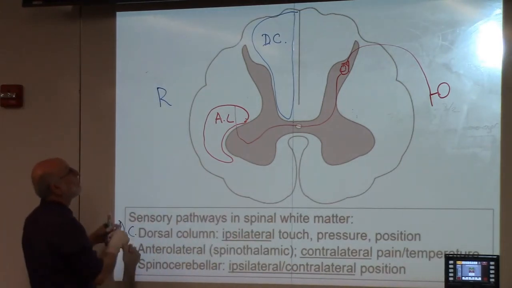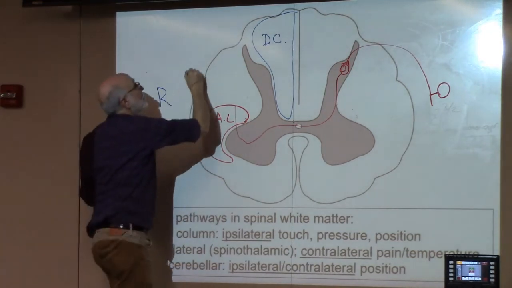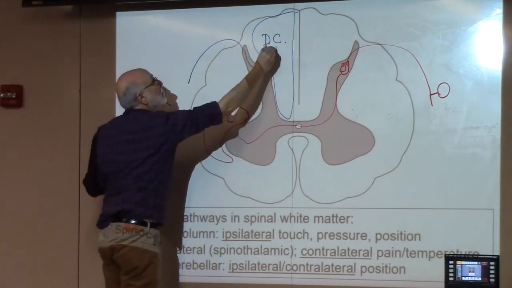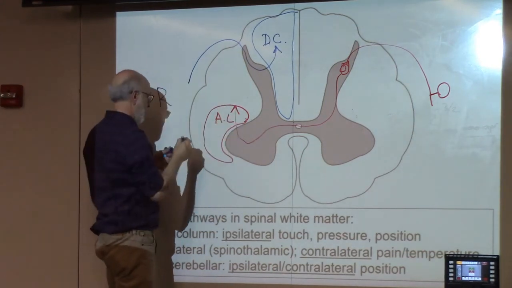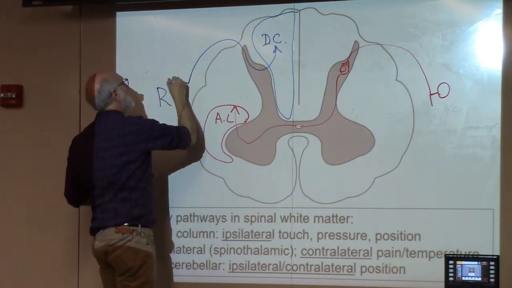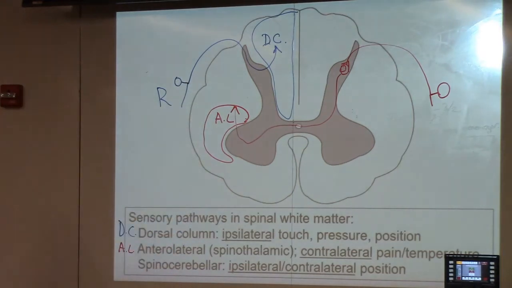Just cartooning. The information. The arrows are trying to illustrate this is going to the brain.